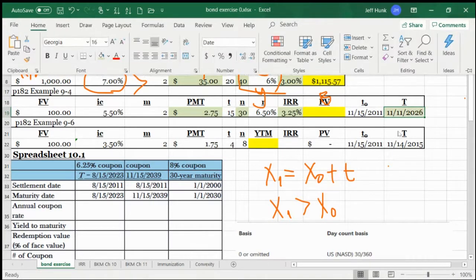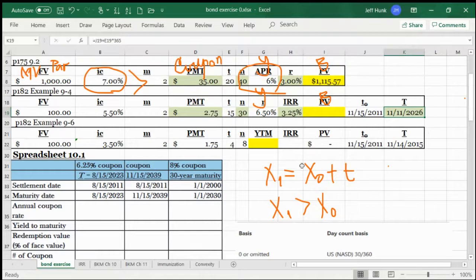So then how do you find the price? Time zero and maturity are given, right? We're going to use the price function.